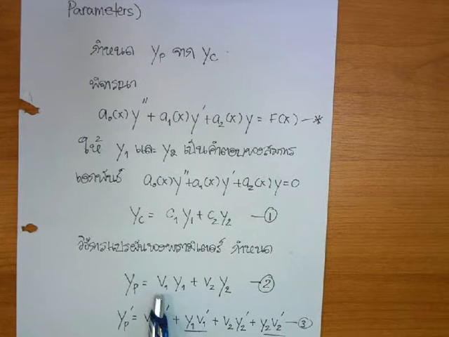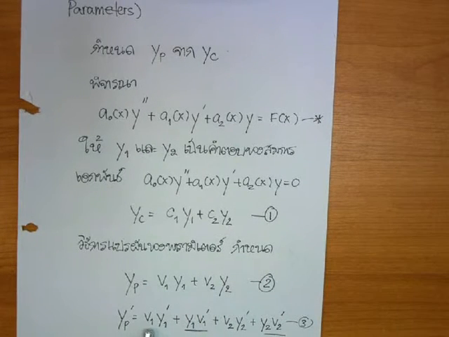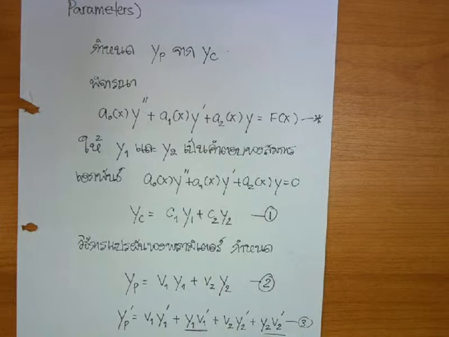Since v1 and y1 are both functions of x, the derivative needs the product rule. So we get v1 times the first derivative of y1 plus y1 times the first derivative of v1. We do the same for v2 and y2: v2 times the first derivative of y2 plus y2 times the first derivative of v2.